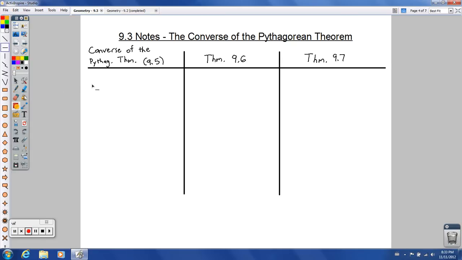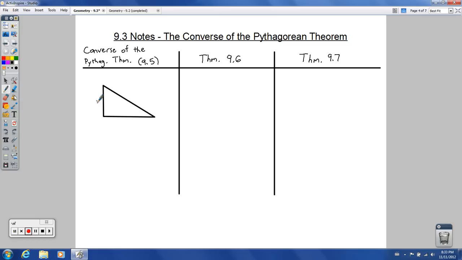So let's in here draw something that looks like a right triangle. We can't assume off the bat that it is, but it may look like it. And so let's put A, B, and C here. As we go through this lesson, A and B are going to be the two smallest numbers, and C is going to be the biggest number. C may be the hypotenuse, but only if this can be proved to be a right triangle.